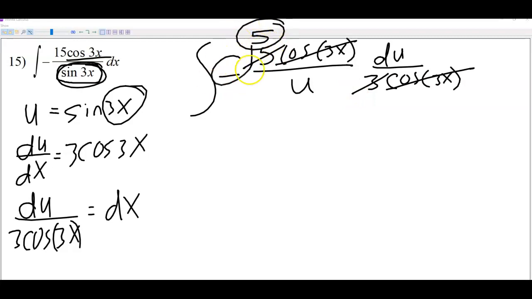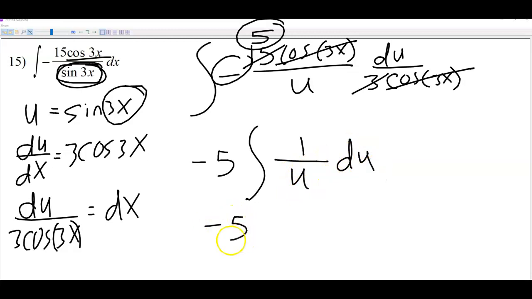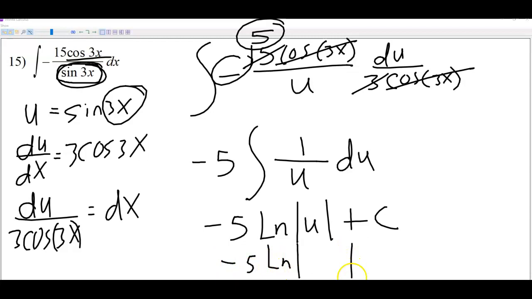So I have a 5 and a negative that I'm going to take out as negative 5 there in the front. I'm left with nothing on the top, but I do put a 1 as a placeholder because that u is in the denominator. And once again, we've got an ln for our integral. u is this, so I'll just go ahead and plug that back in, and that'll end it.